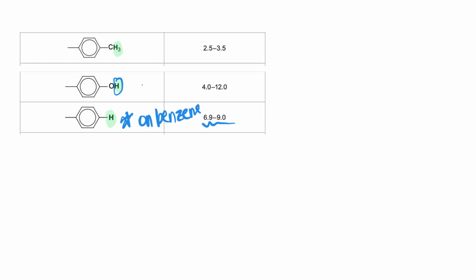So this is considered to be a phenol group. And then finally, if we have a methyl group attached to a benzene ring, so this is a methyl benzene, then the protons on those methyl groups are going to give us around the 2.5 to 3.5 chemical shift.